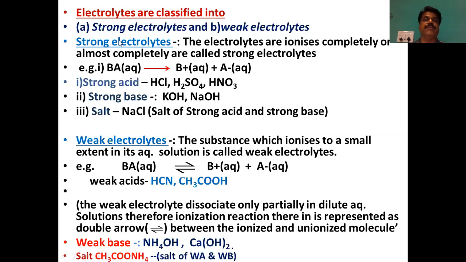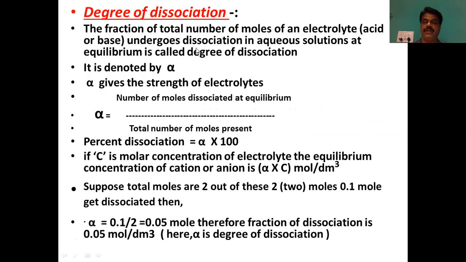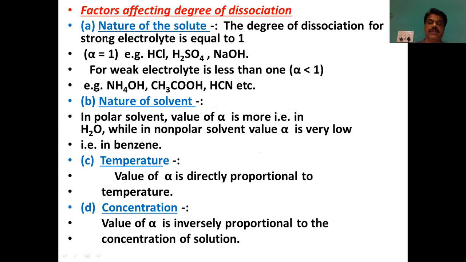This is about the concept of electrolytes. That means electrolytes, non-electrolytes, and the classification of electrolytes into strong electrolytes and weak electrolytes. Then degree of dissociation. What is meant by degree of dissociation?